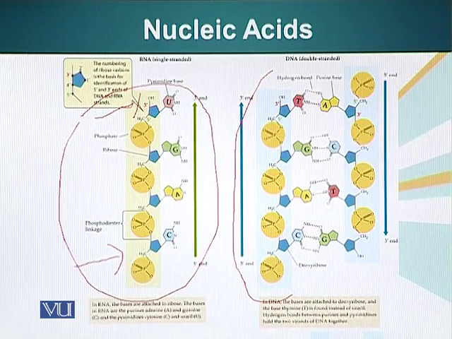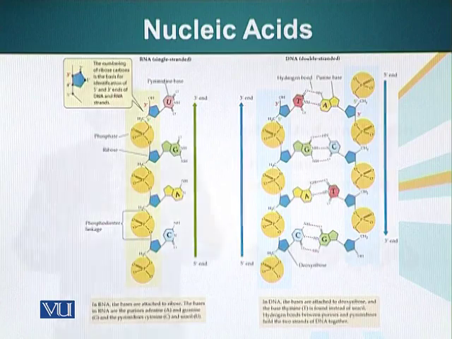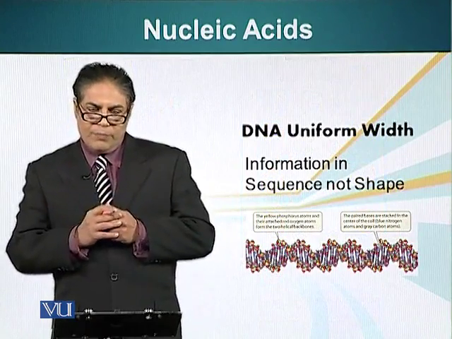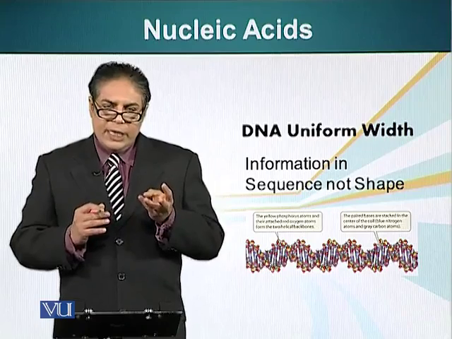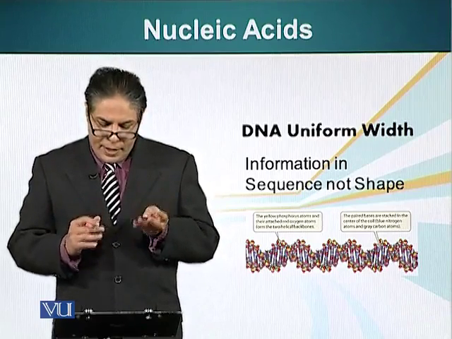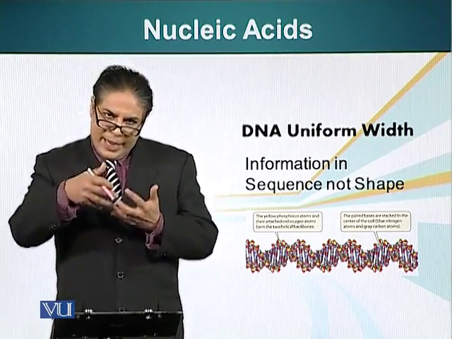Now let's look at some other properties of these molecules. DNA and RNA contain information as a result of the sequence of those nucleotides. We talked about the nucleotides A, G, T and C, or U in the case of RNA. This information in DNA is present inside.